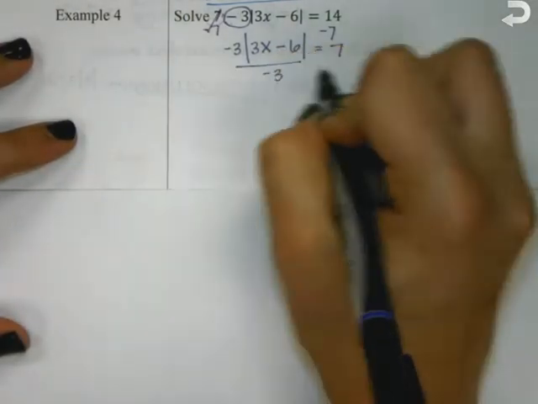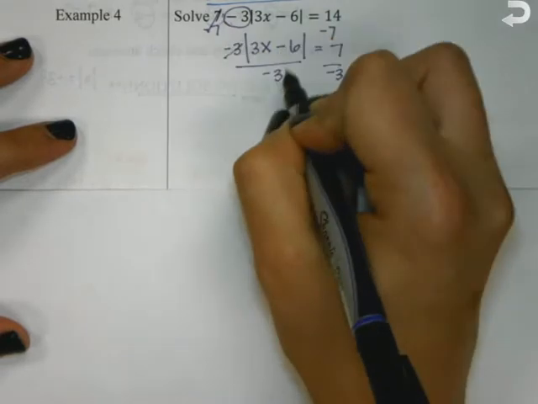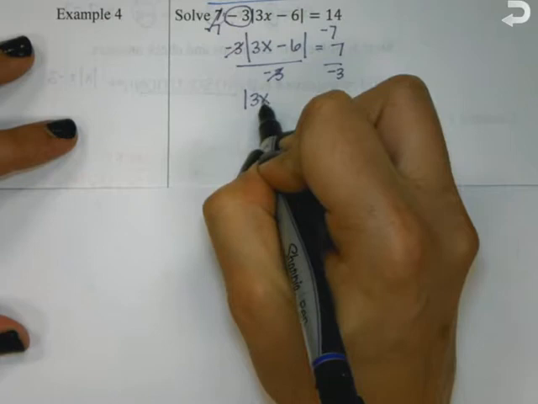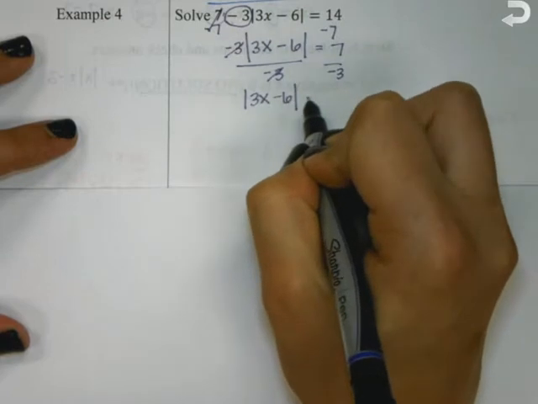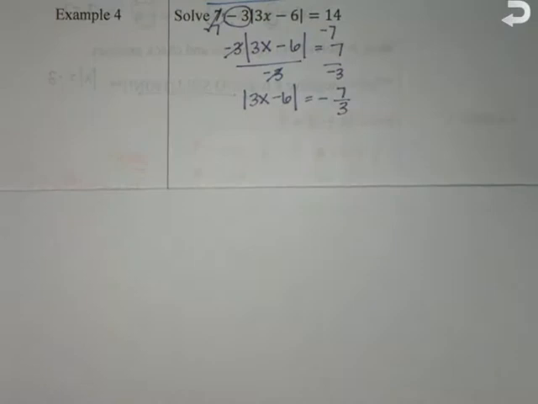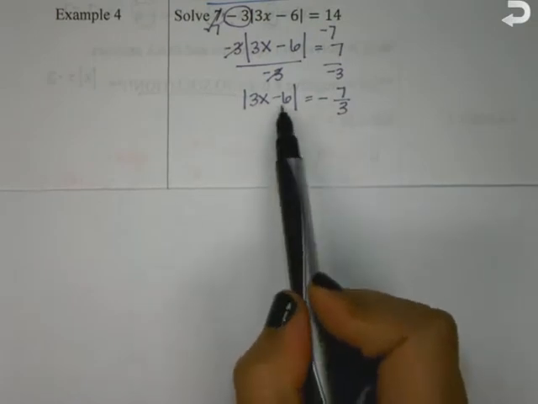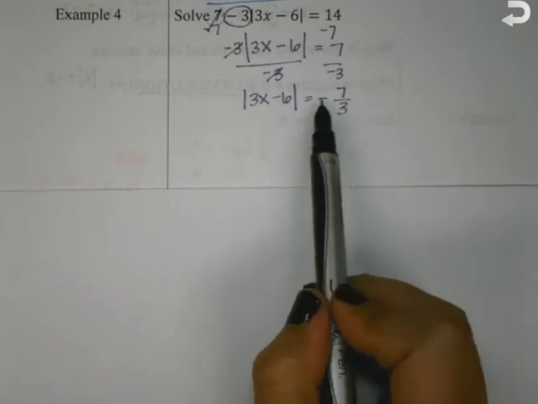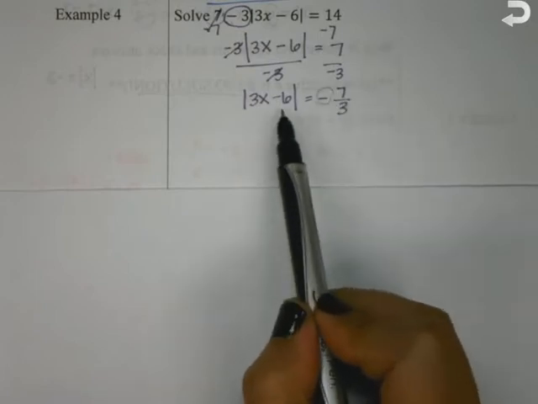The negative 3 is reduced, so I will be left with absolute value of 3x minus 6 equals negative 7 over 3. Now I'm going to stop here because I notice I have absolute value equal to a negative. So I can't go any further. This will never happen because I can never get absolute value equal to a negative. So my answer is no solution.